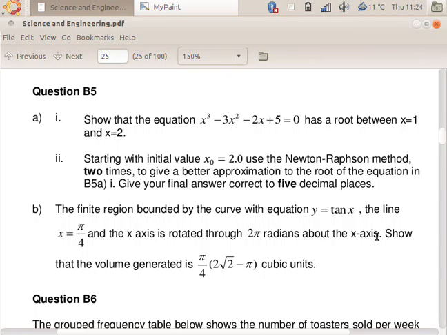Sub in the points, and what should happen? The sign should change. So can we sub in 1 and then we sub in 2? You have the calculator. Tell me what you get for x is 1 and then what you get for x is 2. So Sarah, why don't you check x is 2, and then Hassan, you can check x is 1.